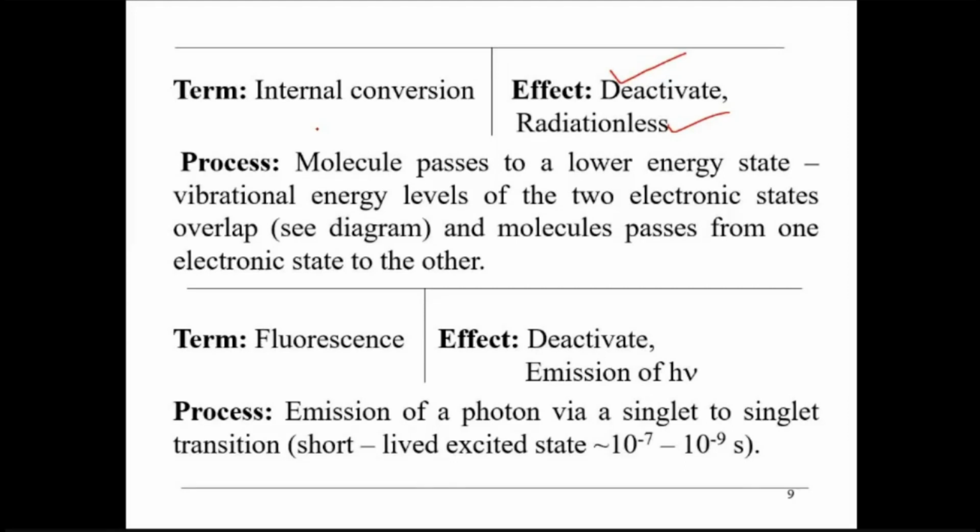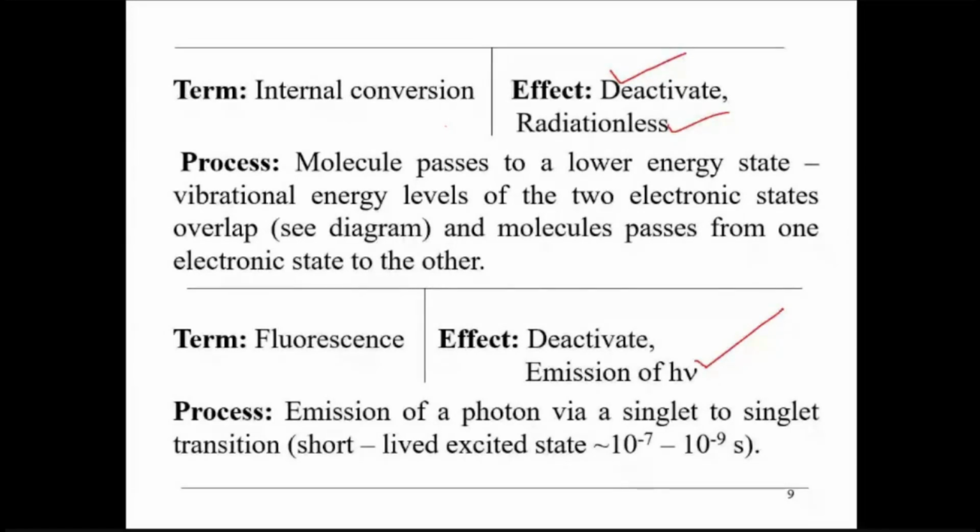Okay, next concept is fluorescence. It is also a process of deactivation, but when this process occurs, there is emission of h nu electromagnetic radiation. Emission of a photon via singlet to singlet transition.